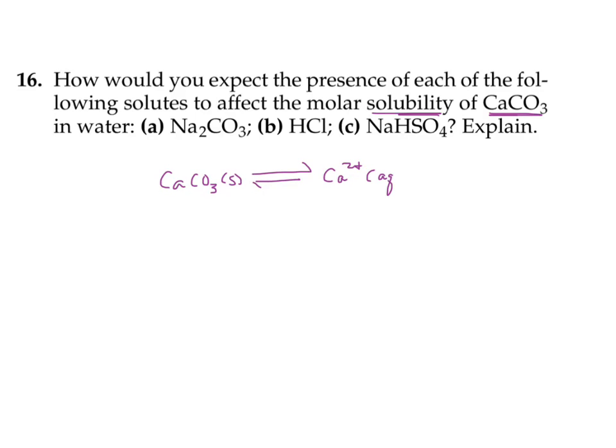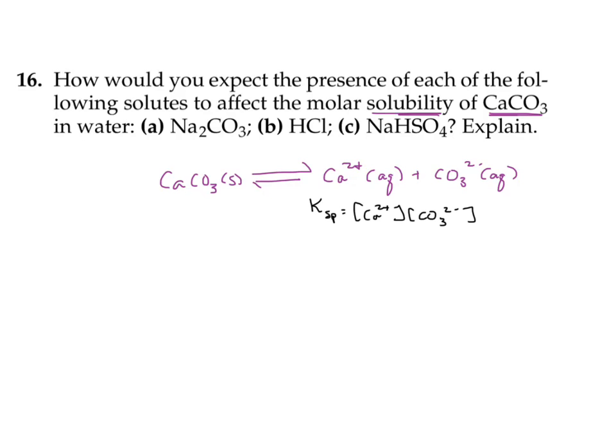This one you don't have to do any ice tables. They're simply saying, what if instead of B and C, where you had magnesium common ion and hydroxide common ion, your insoluble salt is calcium carbonate and you have water that has sodium carbonate, water that has HCl, water that has sodium bisulfate?